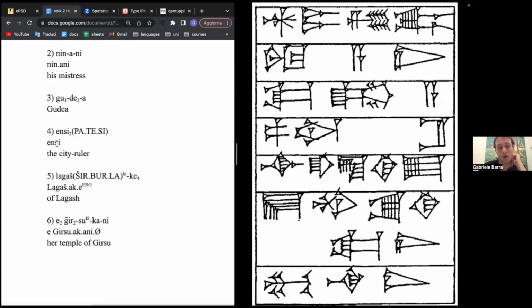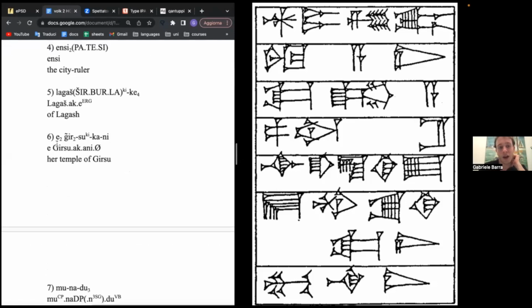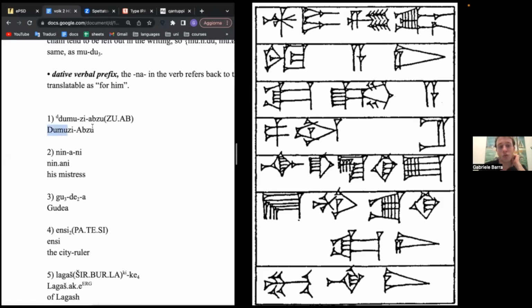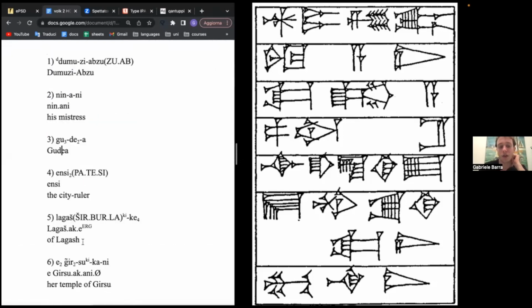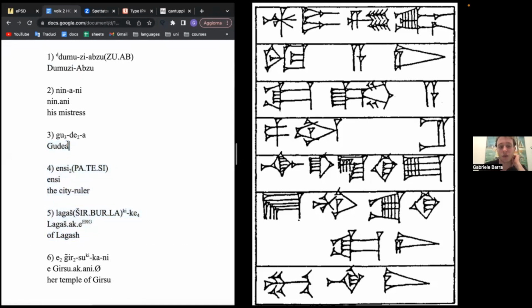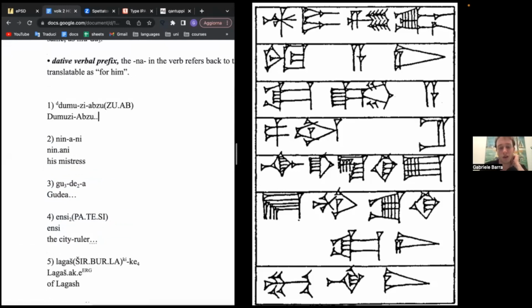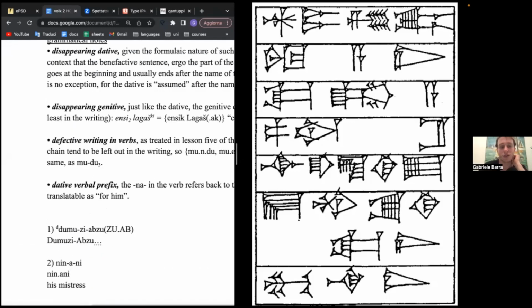Okay. So the only thing that's missing now is the dative. So we know that Dumuzi Abzu, his mistress, has to go in some grammatical case. And this is not in the ergative. So we can do like this, ergative, ergative, and then we have it here. And here, we have to have a case. Now, I did write it, didn't I? Yes.